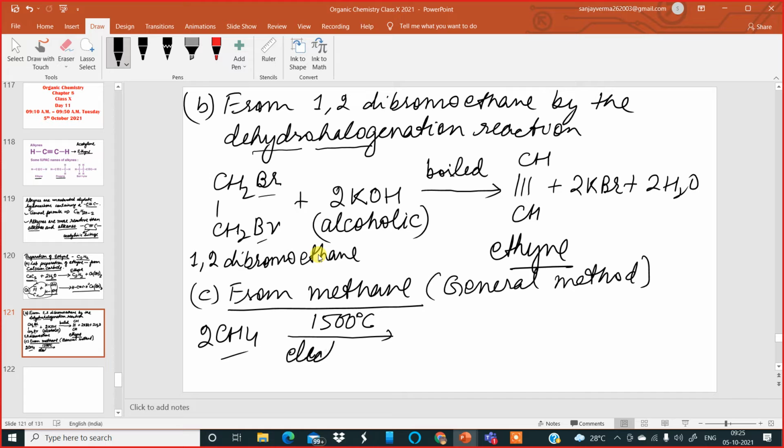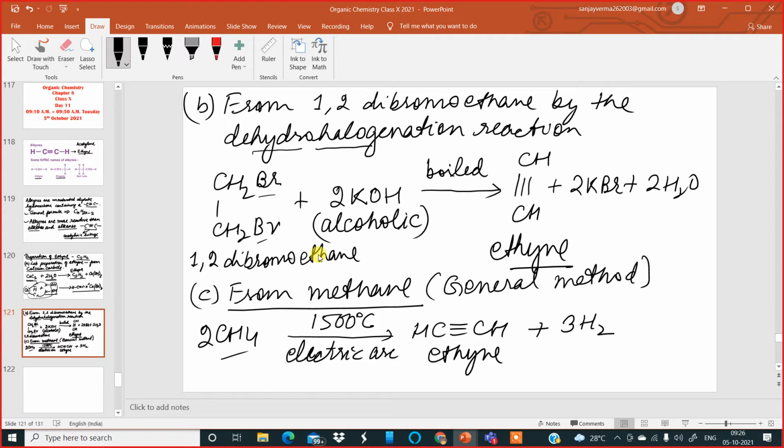Remember, this one is a general method, and methane is a natural gas. The methane gets converted to ethyne, HC triple bond CH, in a dehydrogenation reaction, that means removal of hydrogen. So this is our ethyne.